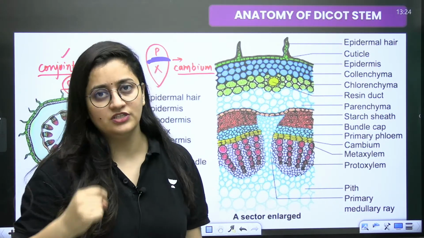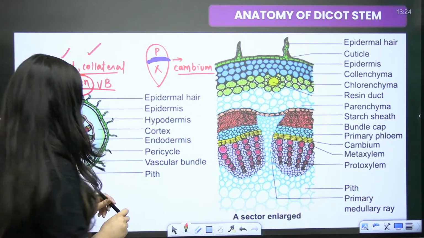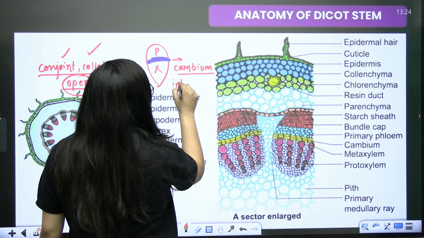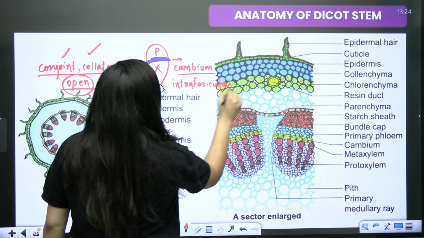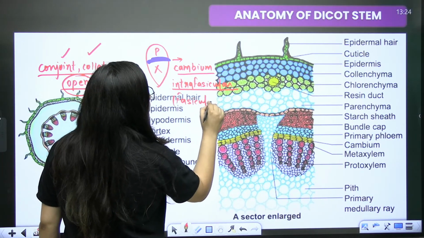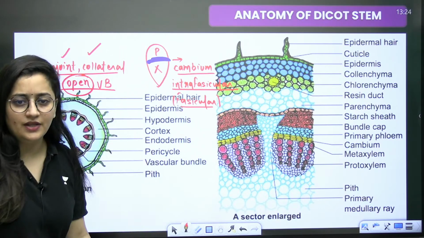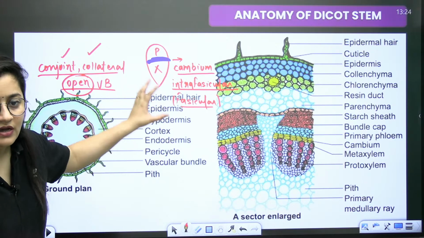The secondary growth is possible there. And you know that for secondary growth, this cambium is required. For this cambium, we also use the word intrafascicular cambium. Intra means within, and it is also known as fascicular cambium.